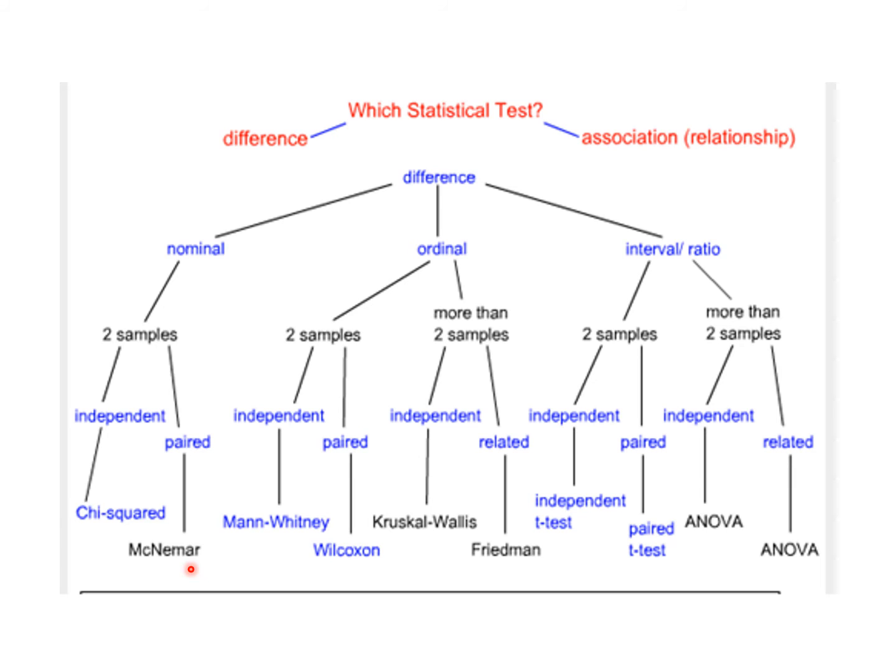But if it is ordinal and has two samples, both of them independent, then it might use Mann-Whitney. But if it is paired, the same sample, then we just use Wilcoxon.